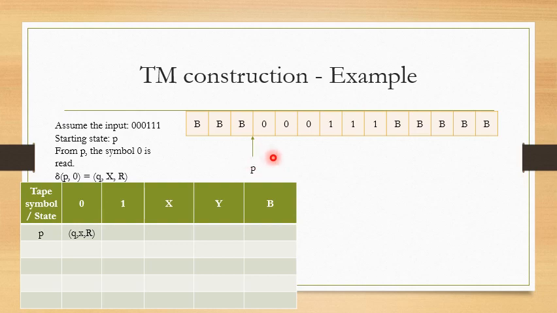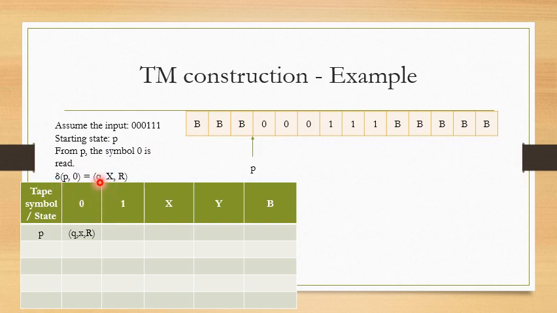Why to the right? Because I have to pass over all these zeros and then read a 1. Only if I move to the right will I be able to go along and read the symbol 1. So I have to move to the right. Now for this I have made a state transition. Whenever there is a symbol 0 and I am replacing it with x, I am doing a state transition.